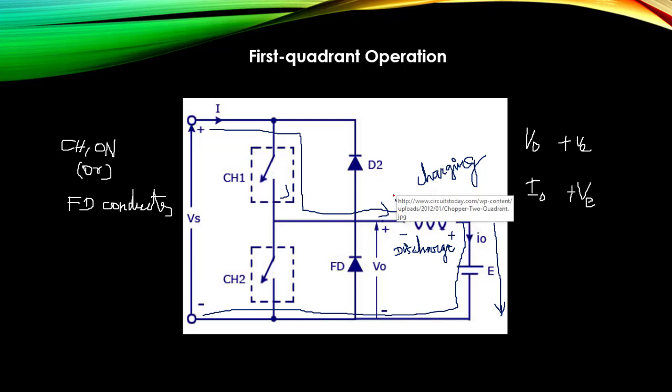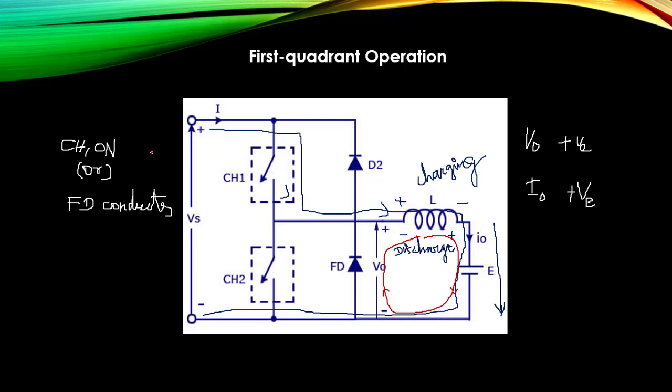During the charging condition, the polarity was like this, so when it discharges, it changes its polarity like this. So it will discharge its current in this path. The current path will be like this. Here also the current is positive.